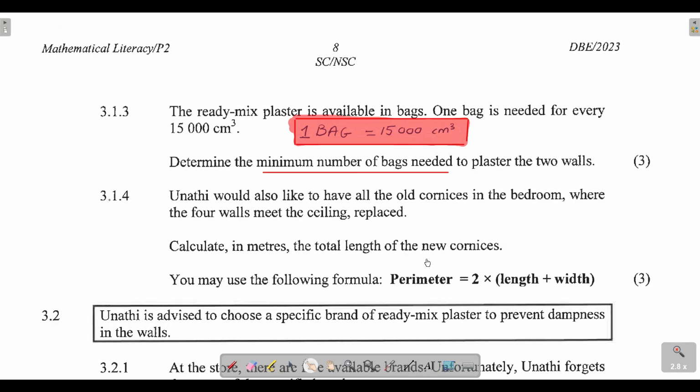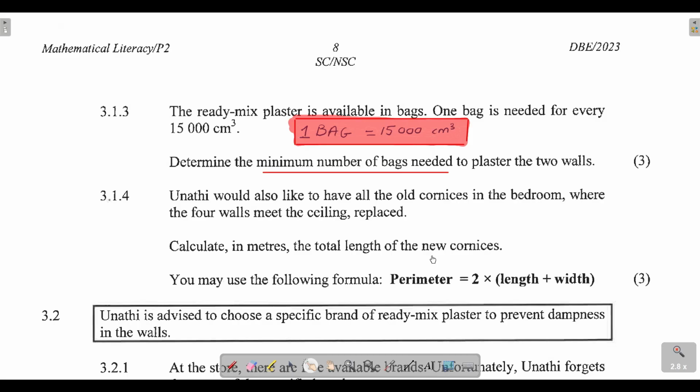So you calculate all the lengths of all the sides of the cornices and you add them up together. That is what the question is basically asking you. Because when we are determining perimeter, we want the total length of the outline of the shape, the boundary of the shape.